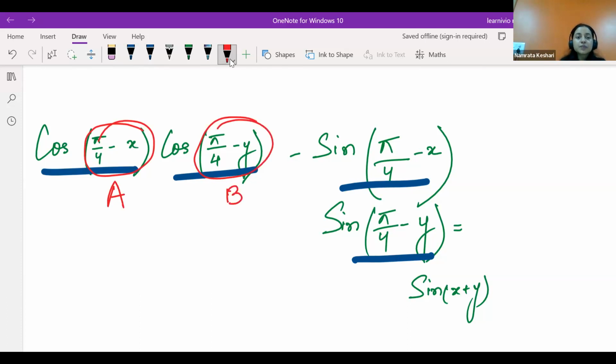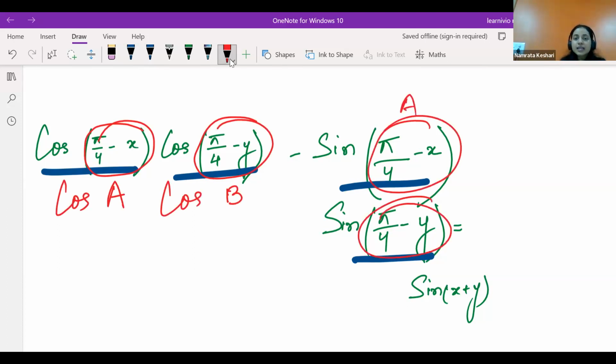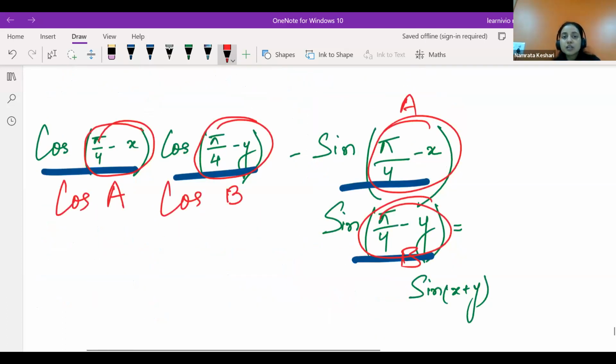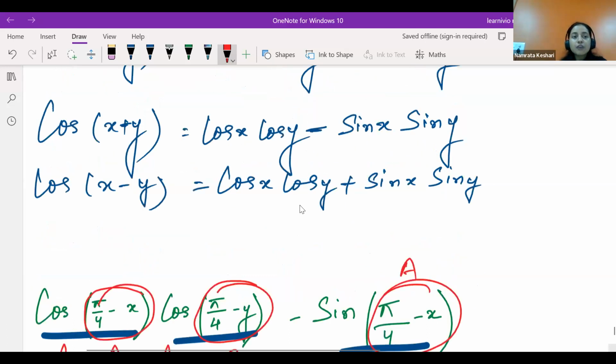So it looks like cos a cos b. It looks like sin a sin b. And just like that, now only we have seen the formula with minus sign in between. Can we apply this formula?